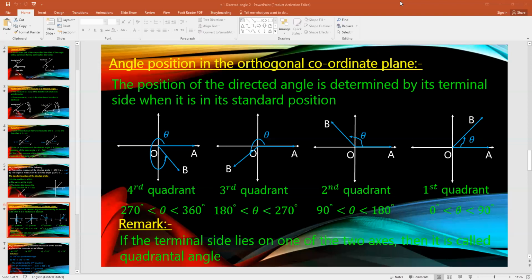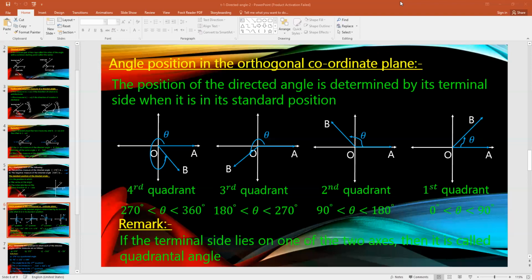Then this angle lies in the third quadrant. If the terminal side is in the fourth quadrant, its measure will be more than 270 and less than 360. Again, if the terminal side is in the first quadrant, the angle's measure is more than 0 and less than 90.